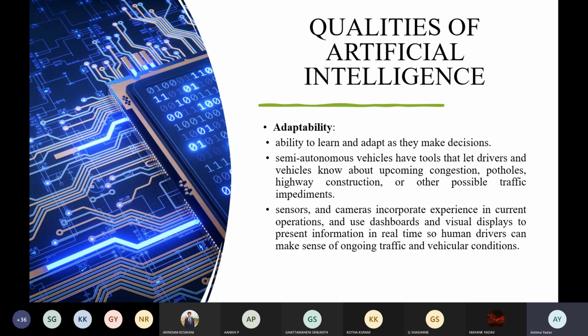Adaptability, again, they are able to adapt to different conditions, in the sense, if you are using the sensors and camera, they use sensors and cameras to get the output, and based on the problem statement, they give you the output accordingly. So if you talk about the self-driving cars, or the human drivers, it's human drivers that can make sense of ongoing traffic and vehicular conditions.